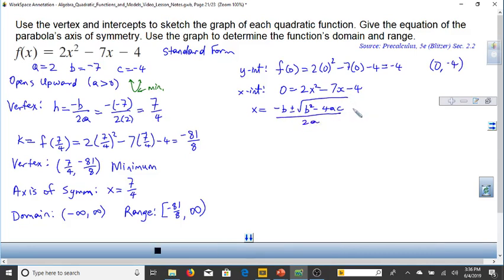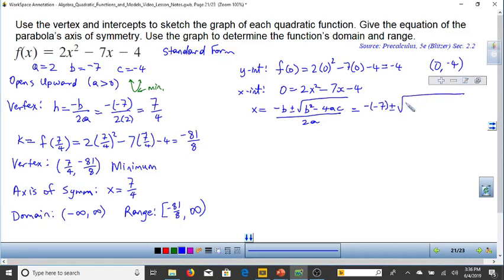Plugging that into the formula, I get negative negative 7 plus or minus the square root of the square of negative 7 minus 4 times 2 times negative 4, and then all of that divided by 2 times 2. So that means x is equal to 7 plus or minus square root 81 divided by 4.